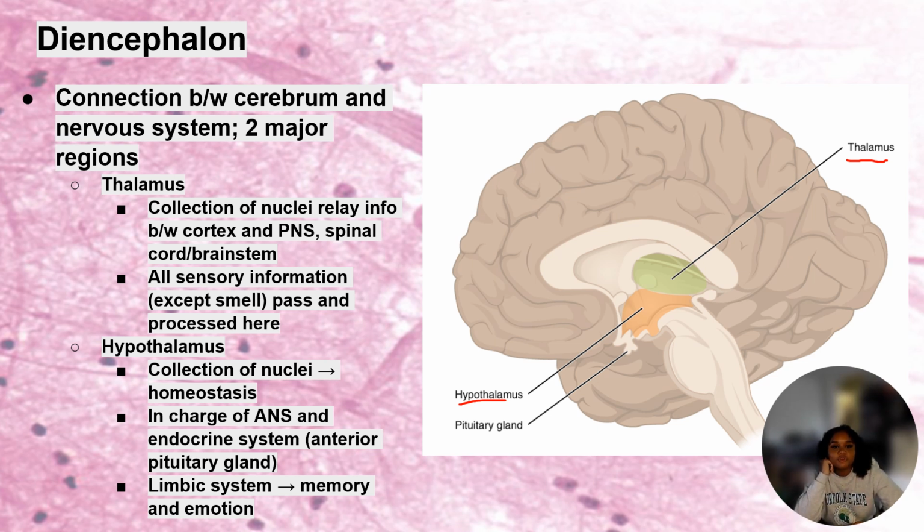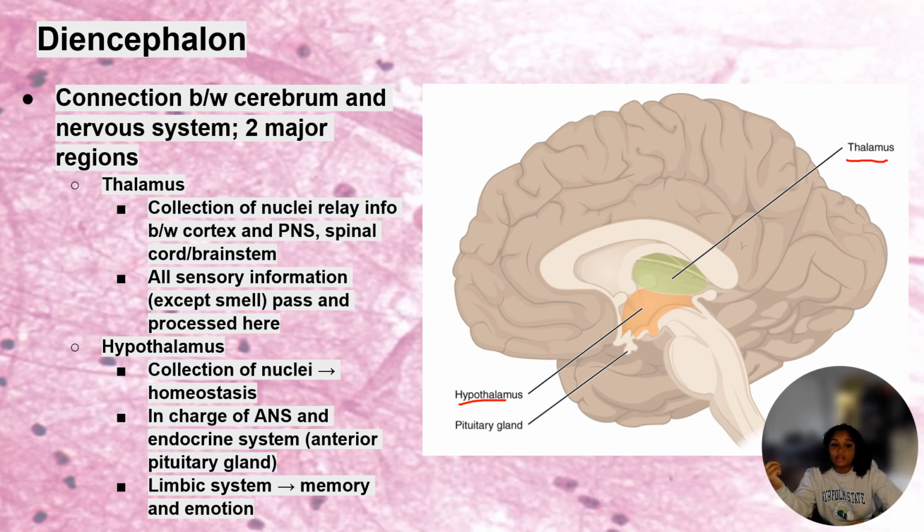It's a collection of nuclei that relay information between your cortex and your peripheral nervous system, as well as spinal cord and brainstem. All sensory information except olfaction, which is the sense of smell. So every other sensory information passes through and is processed by your thalamus, with the exception of the sense of smell. Very important. I say that two or three times because it's definitely high-yield information to know.